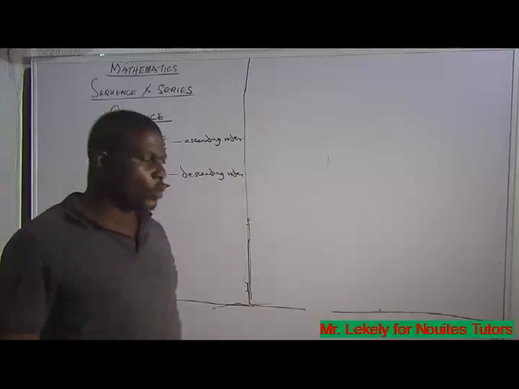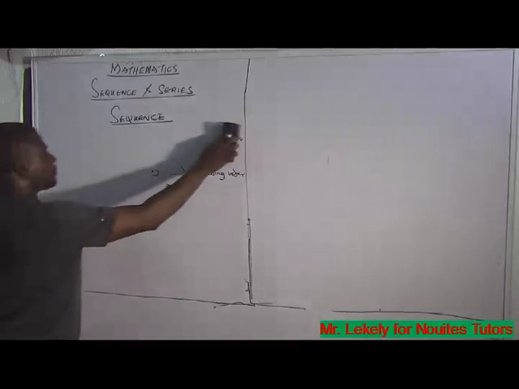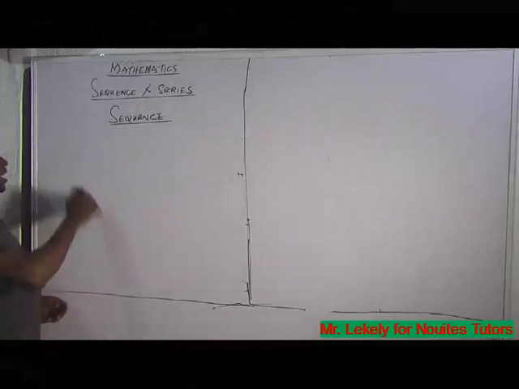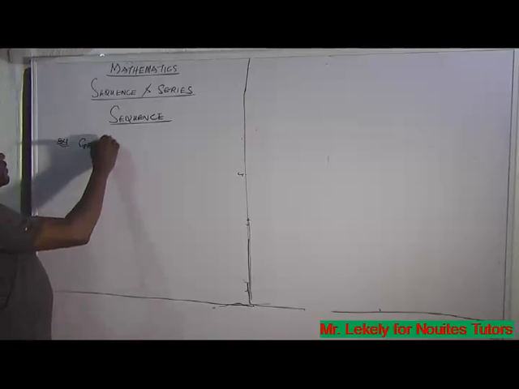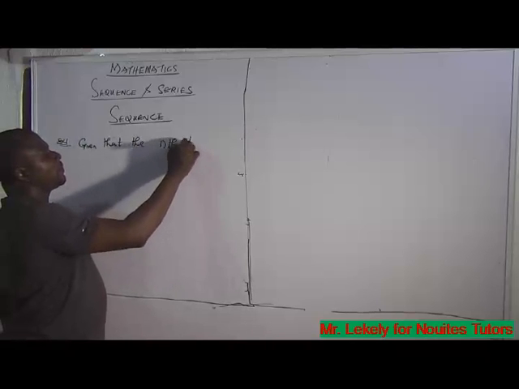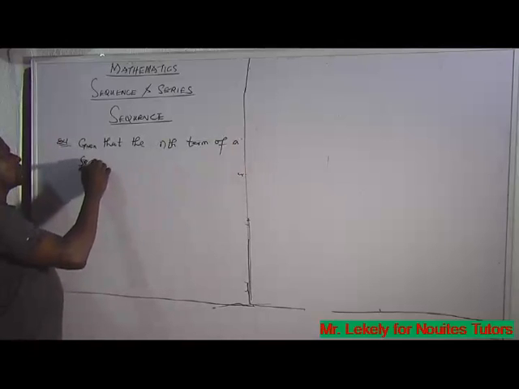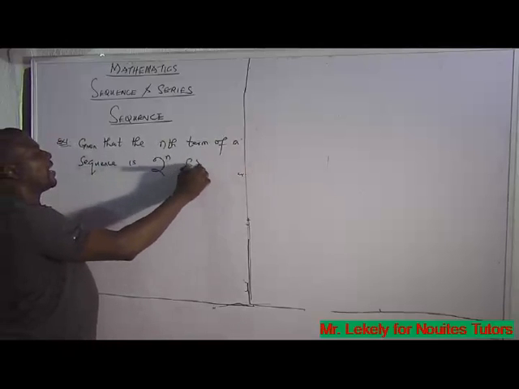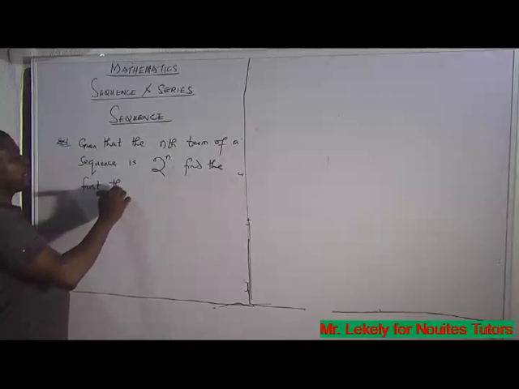But basically, what we want to look at under sequence has to do with, for example, example 1: given that the nth term of a sequence is 2 raised to the power n, find the first 3 terms.